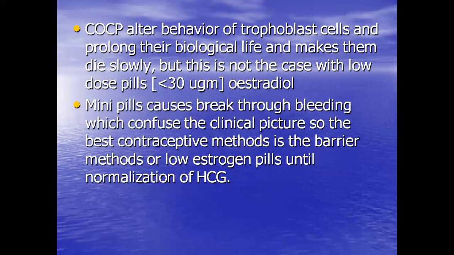Mini pills cause breakthrough bleeding, which confuses the clinical picture. So the best contraceptive method is the barrier method or low estrogen pills until normalization of HCG. Once it normalizes, the patient can take whatever contraception she wants.